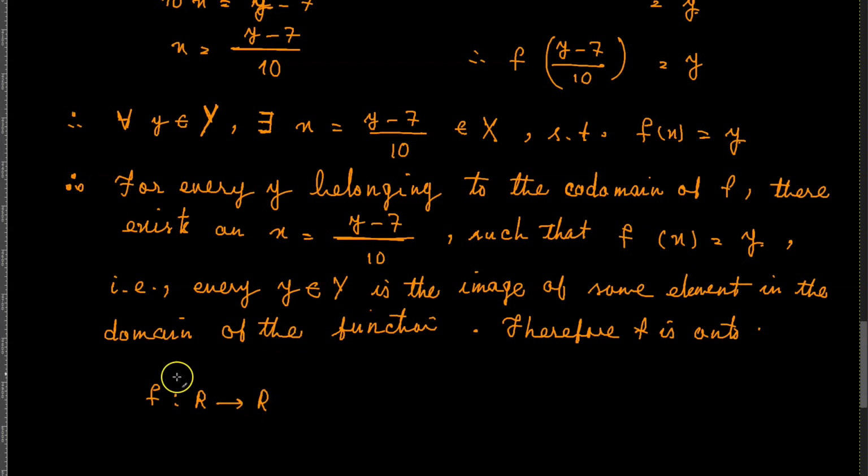And of course you need to use the properties of all numbers and the different sets in mathematics. You have to put them together in order to make sure that this element actually does exist in the domain of the function.